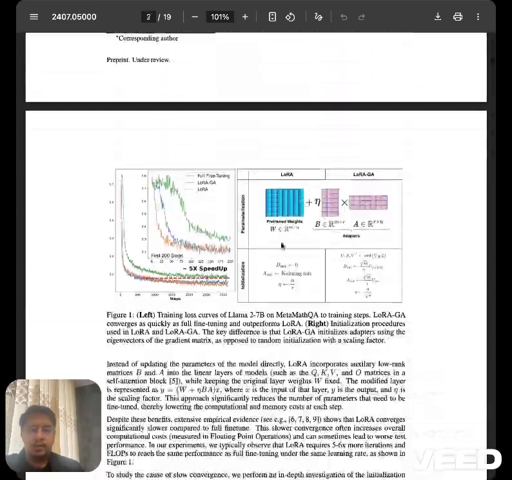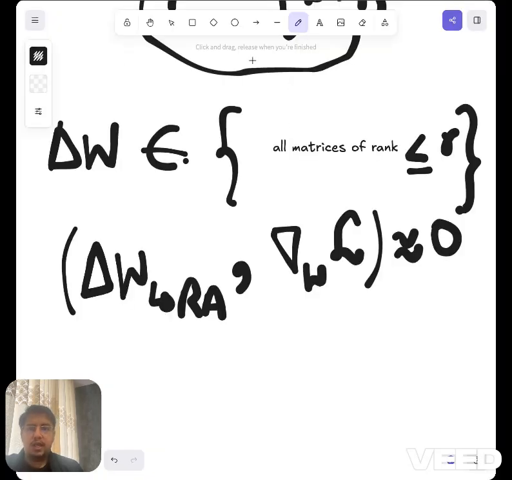As we've seen before, we initialize B to 0 and A to a Kaiming initialization. But still, if you could initialize the low rank adapters A and B much more intelligently, what would you want them to do?